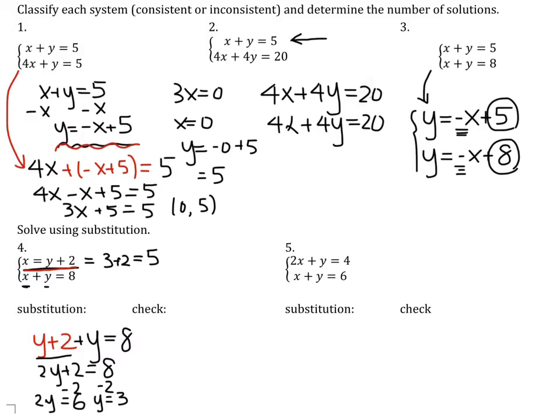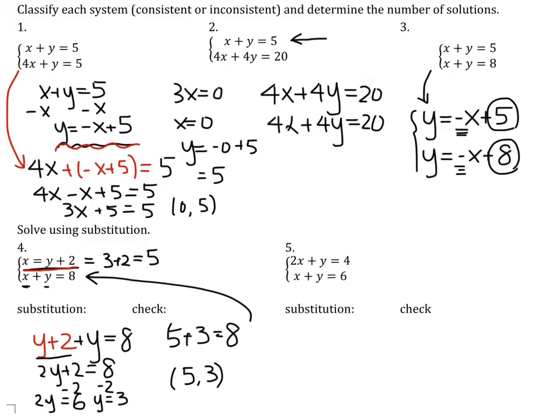How do I check it? I have x equals 5, y equals 3, so 5 plus 3 is indeed equal to 8. So my solution is going to be (5, 3). So this is considered exactly one solution. So this system is consistent and independent.